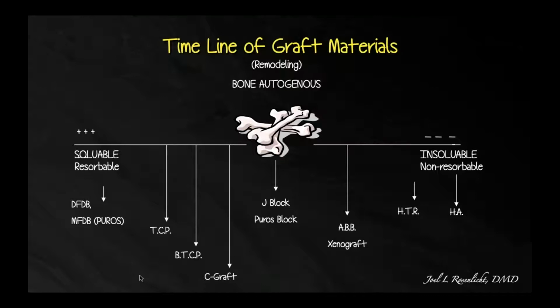And then we have the xenografts, the anorganic bovine bone, and then we have the insoluble non-resorbable materials such as HTR and hydroxyapatite. Sometimes we can even composite these materials to get the benefits of them used in conjunction with the needs of our patient and the defect that we have.